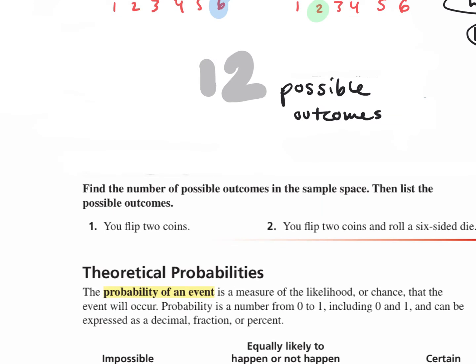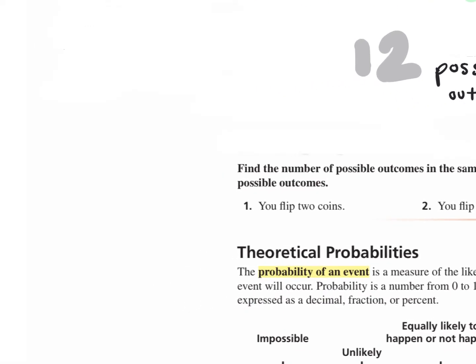Alright, so let's look at number 1. Again, we are finding the possible outcomes in the sample space and listing them. If we flip 2 coins, let's say we flip 1 coin. What are 2 possible outcomes for that 1 coin? Heads or tails? Now we flip our second coin. What are 2 possible options for our second coin? Heads or tails.